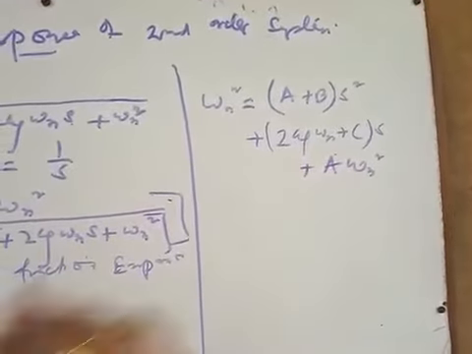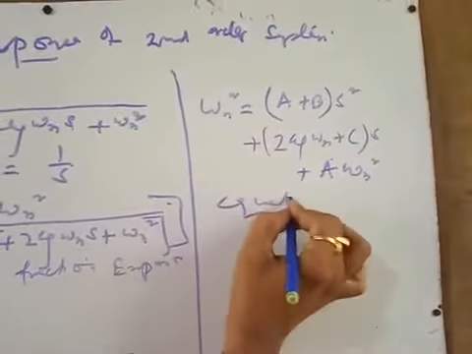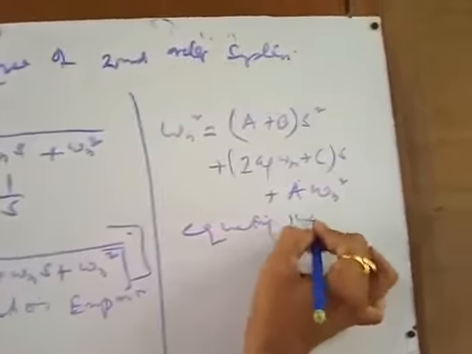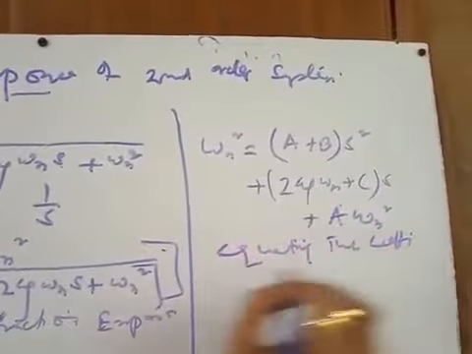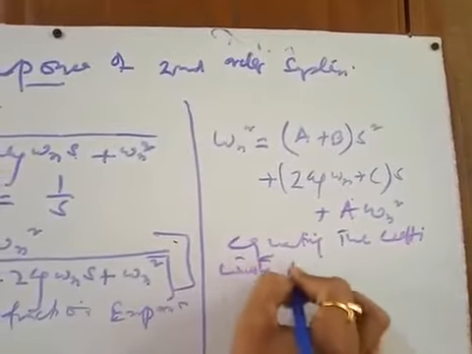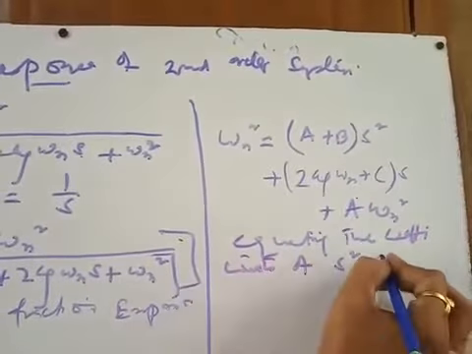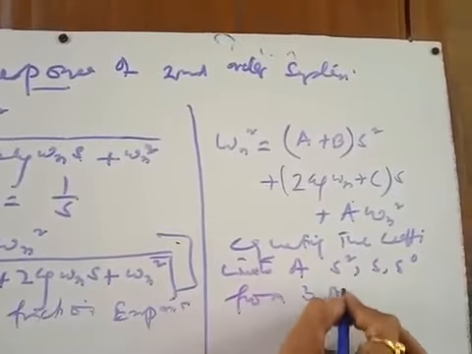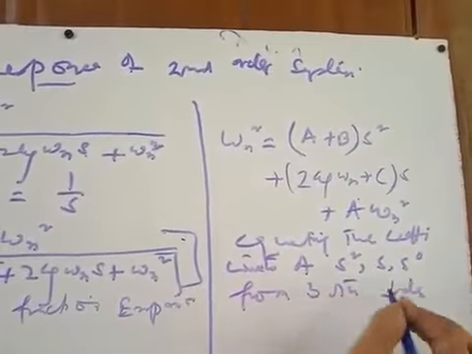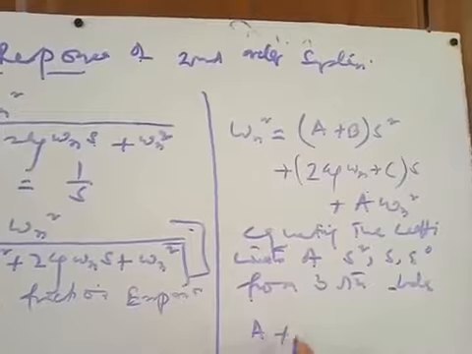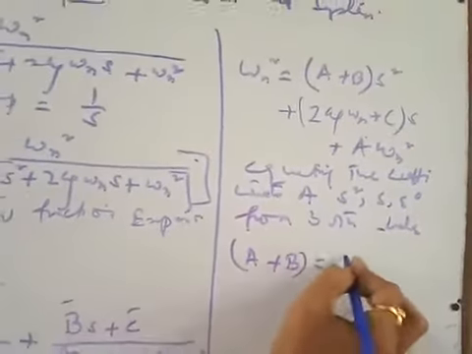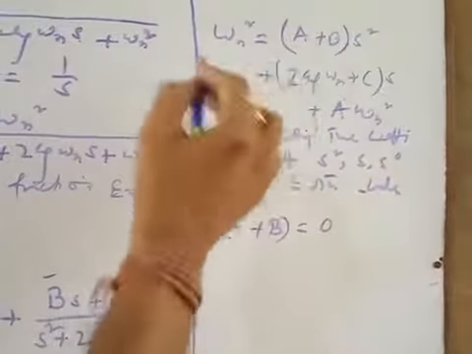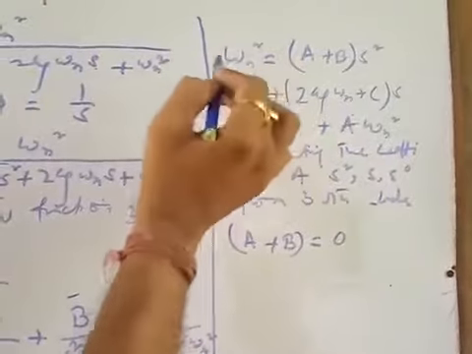So now, equating the coefficients of s square, s and s to the power 0 from both sides, what will we get? A plus B equal to 0, because the coefficient of s square in the left hand side is 0.